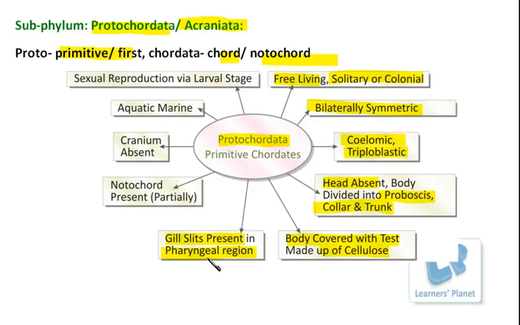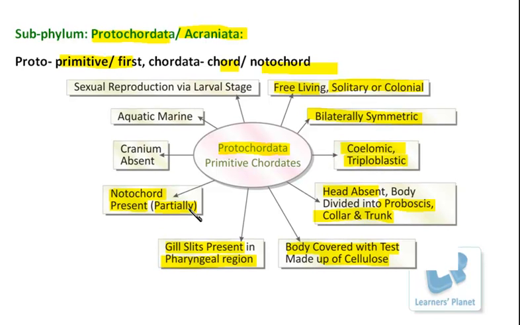So in these organisms, the gill slits are present forever in their life. Then they definitely have a notochord. Now this notochord is present, and I have written here in brackets, partially. So this feature is a very important feature of these protochordates. Well, do you remember what this notochord is exactly? Let me tell you.